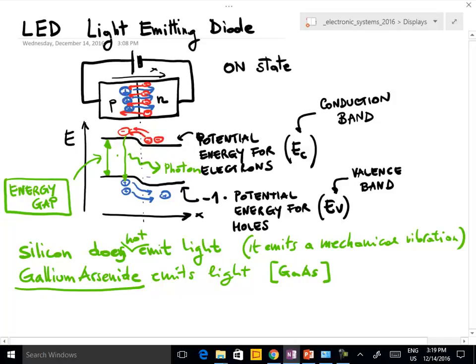Ga is the symbol of gallium and As is the symbol of arsenide, and it emits light, actually light in the infrared, because the energy gap of gallium arsenide is 1.43 eV. So with gallium arsenide we do not have emission in the visible light. We have emission at a lower energy, which means in the infrared region.